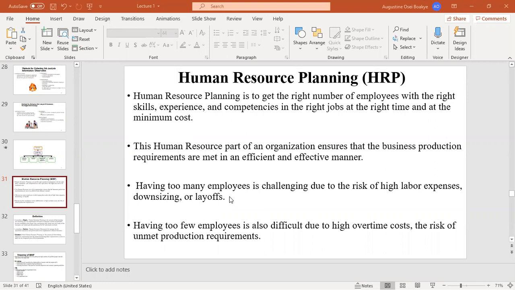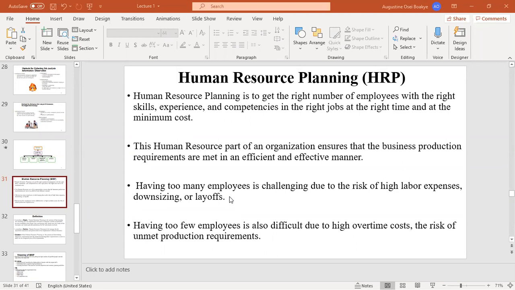In other words, when you have too many employees working for you, but at the end of the day, they do not actually have roles or responsibilities to perform, and so they are redundant, then it will be a huge expense to the organization because you will end up having people receiving salary for non-performance.